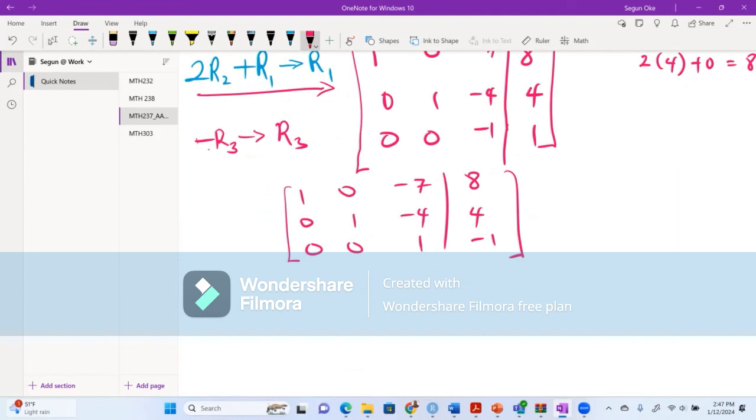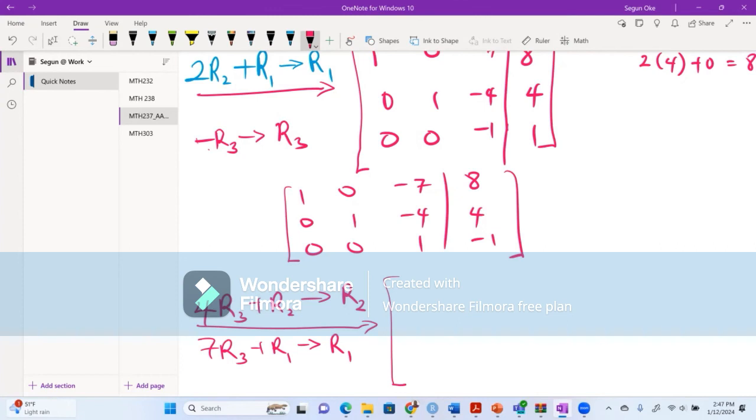It's pretty simple. All you need to do is 4R3 plus R2, which leads to your new R2. Then we can also do this at the same time: 7R3 plus R1 leads to my new R1.